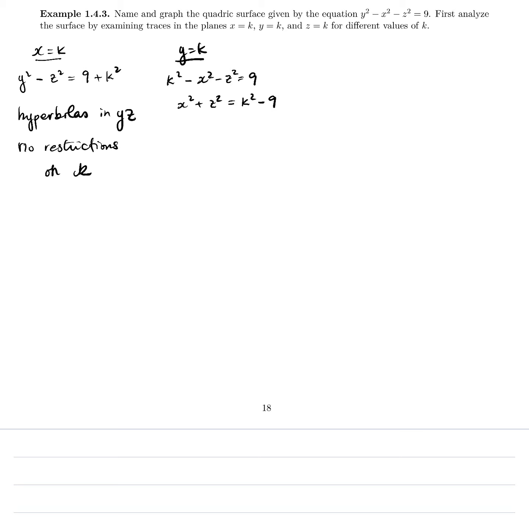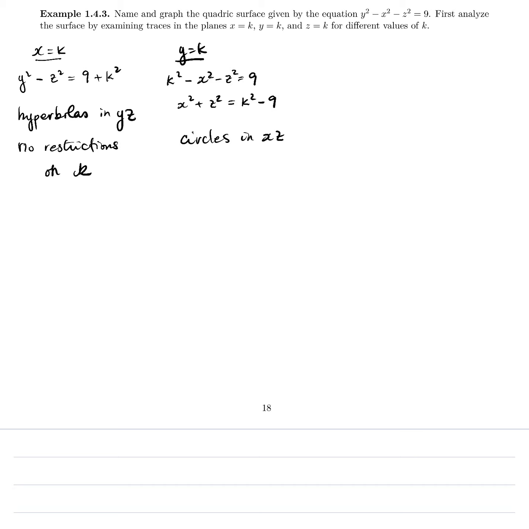Here we see we have coefficients that are both positive, and they happen to both be the same. The fact that they are the same tells us that they are circles. A circle is an extra symmetric ellipse, so if you'd said ellipses, that's just fine as well. We have circles in x and z.